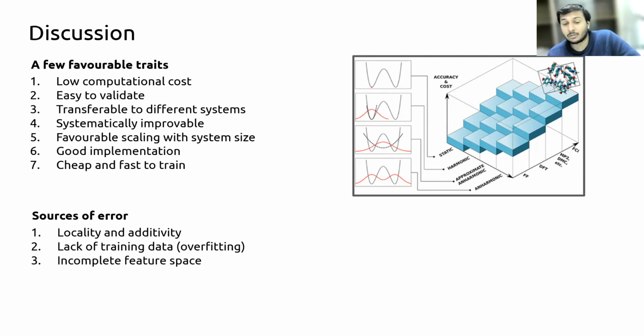So these could be sources of error. Generally, lack of training data or overfitting to limited data is a big source of error, which means that there is some remnant error in your fitting. And the third thing is when you transform your data into your features or your symmetry functions, if you have not sampled your distances and angles properly, or if your system is such that it requires 4-body or 5-body correlations, which admittedly is rare, then you will have some sources of error.